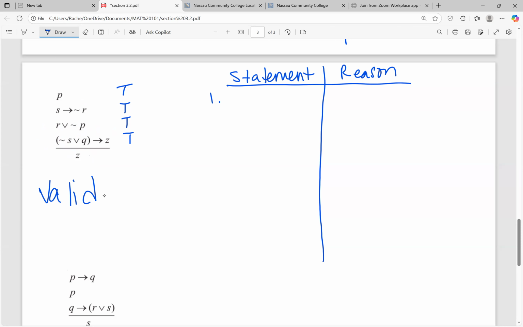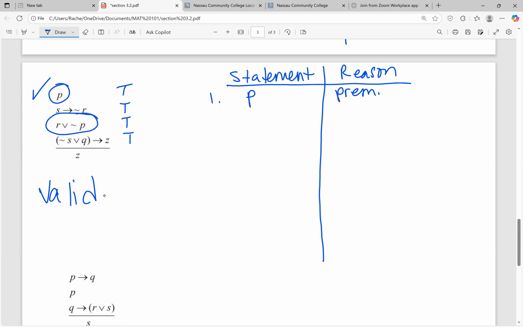So I like to start with just a simple statement that's a premise. So let's start with P. It's true because it's a premise. Now I see I have another premise that contains not P. It's a disjunction.